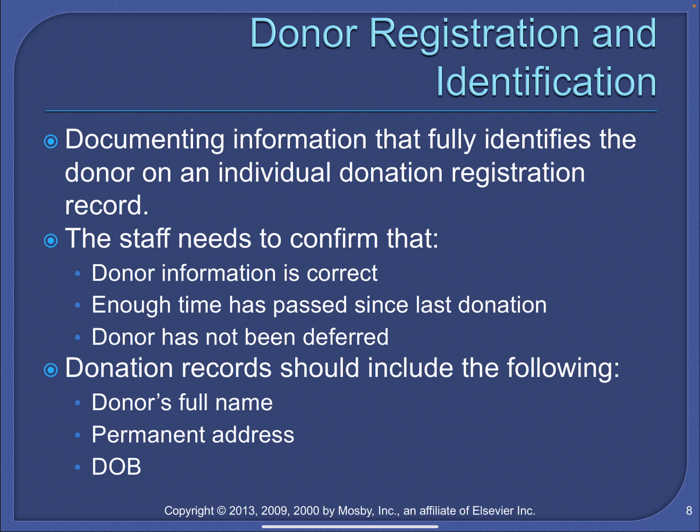qualified to donate blood. So the blood donation records or documentation should include the following information. You want to include the donor's full name, the donor's permanent address and contact information, the date of birth. They must be at least 16 years old.